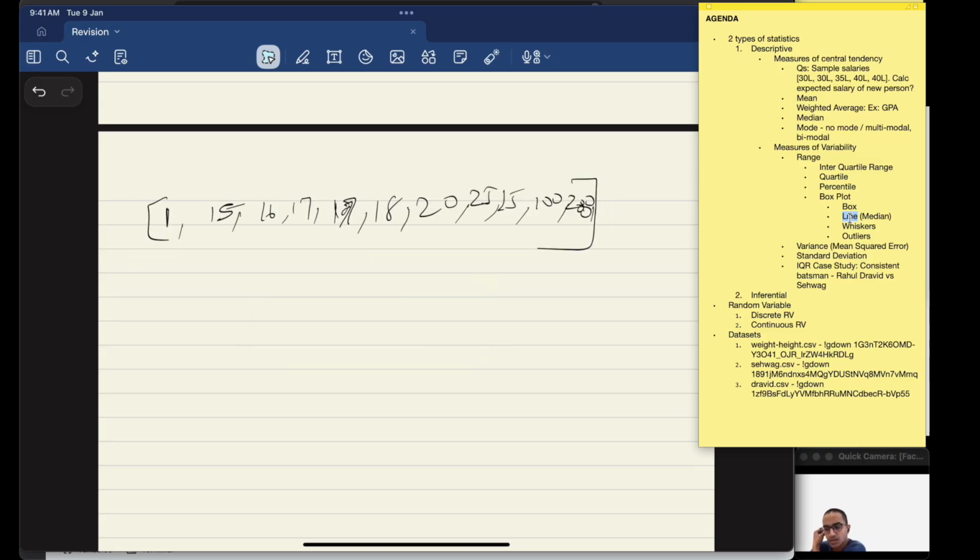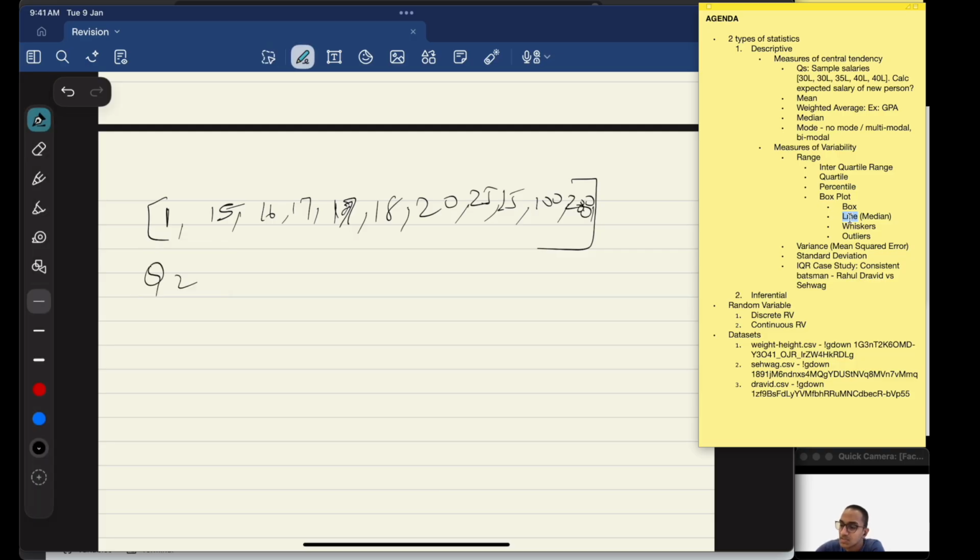Now, the first thing we have to do is find Q2, which is our median. How do we find the median? 1, 2, 3, 4, 5, 6, 7, 8, 9, 10, 11. So there are 11 terms, which is very nice. So all we have to do is find the middle value, which in this case would be the 6th.